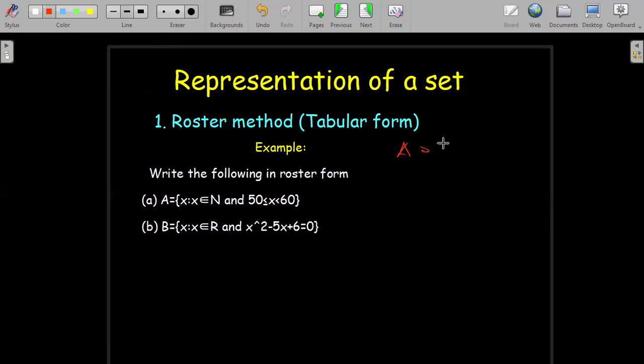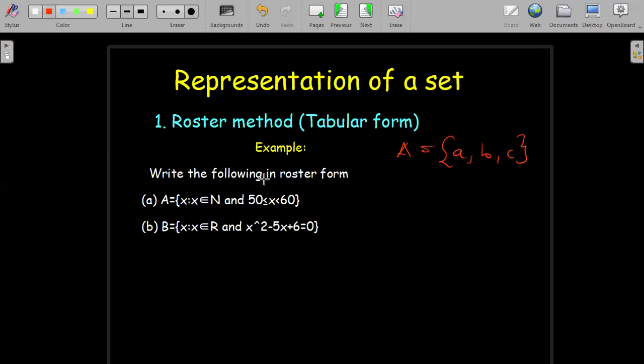The example I've been giving is in tabular or roster form: you have A, you have B, you have C, listed out like that. This is how you would represent one of those sets, the tabular form or the roster form.